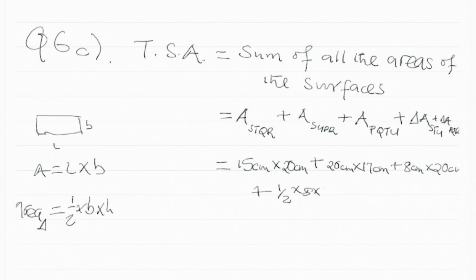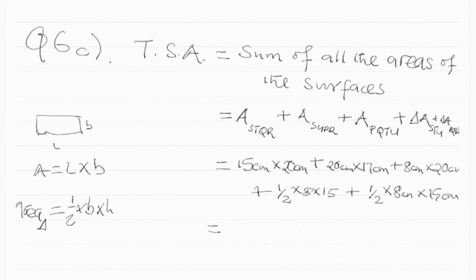Plus the other triangle, which is half times base 8 centimeter times 15 centimeter. You don't have to memorize the formula. You just need to identify the surfaces in the figure that is given.